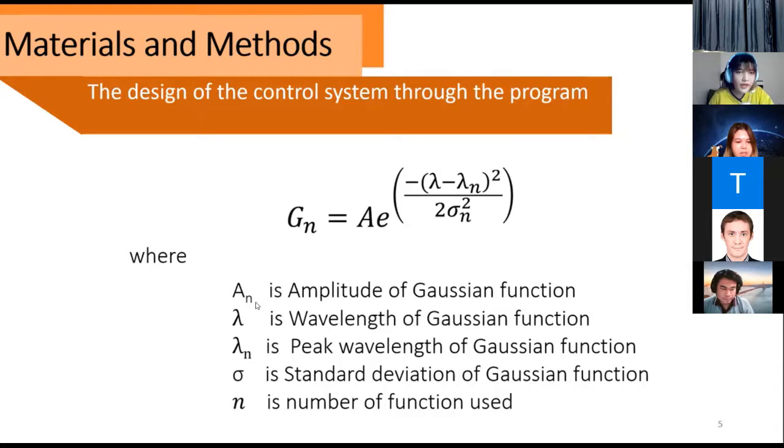First, A is the amplitude of the Gaussian function. Lambda is the wavelength of the Gaussian function. Lambda n is the peak wavelength in the Gaussian function. And sigma is the standard deviation of the Gaussian function. N is the number of functions we use.